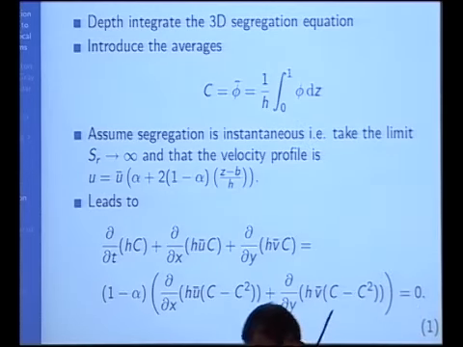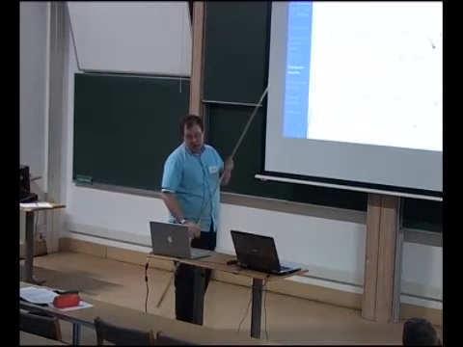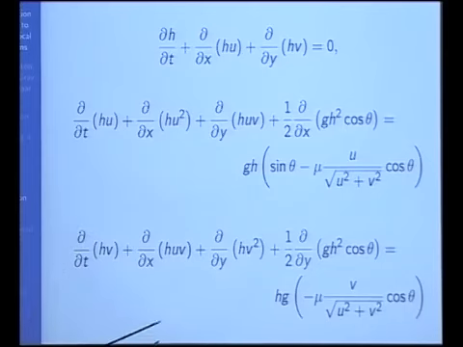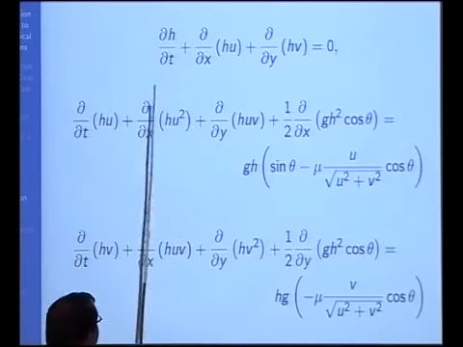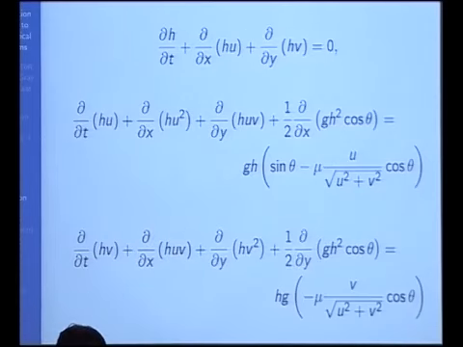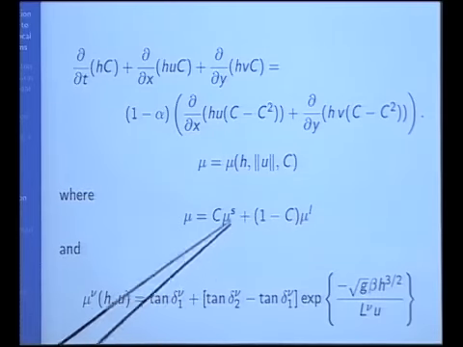This depth integration process leads to this, which is the depth-integrated three-dimensional segregation equation, where now C is the depth-integrated concentration. So we're going to proceed, and I'm going to plug my laptop in next time, as Olivier did, and take shallow water Savage-Hutter style equations with mu, which you've already seen several times.